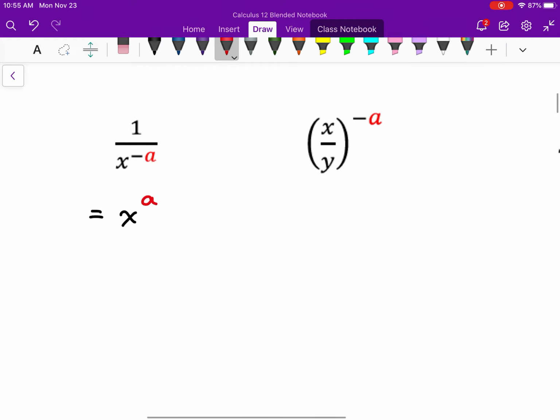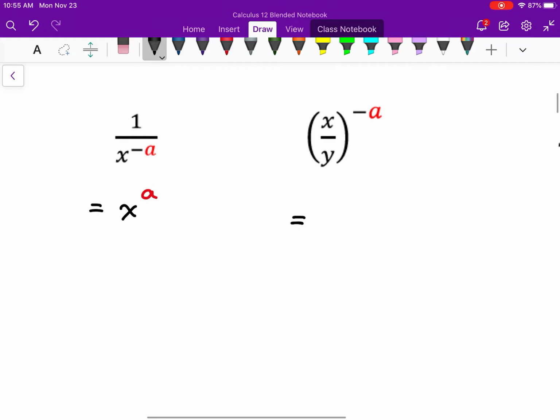All right, so when you have a rational expression to a negative exponent, you can always rewrite this as the reciprocal. So instead of x over y to the negative a, I can write it as y over x to the positive a.